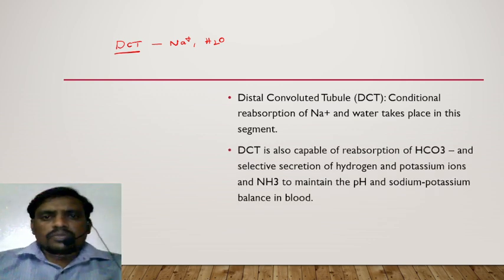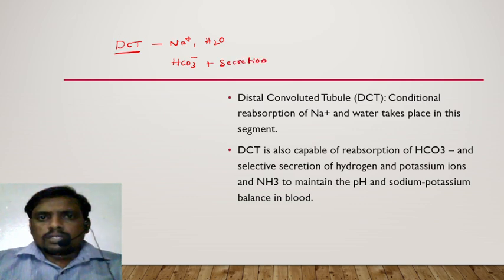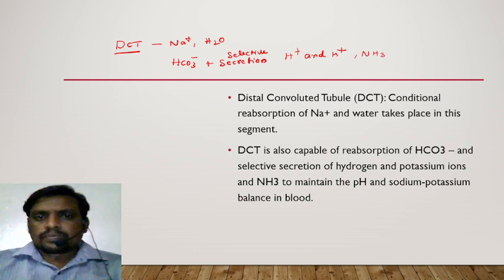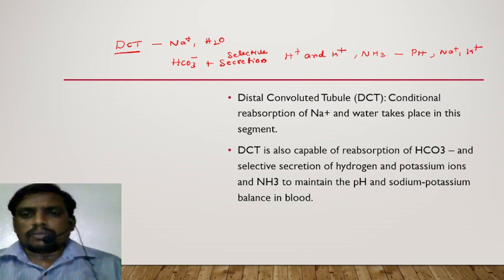DCT is capable of reabsorption of HCO3 minus ions and selective secretion of hydrogen ions, potassium ions and ammonium ions to maintain the pH and sodium potassium balance.